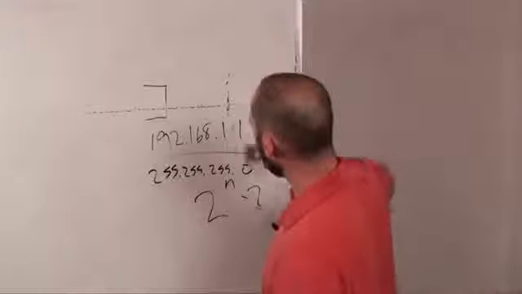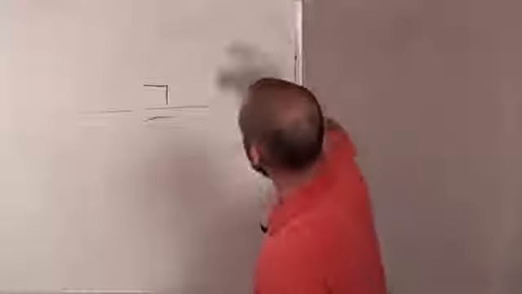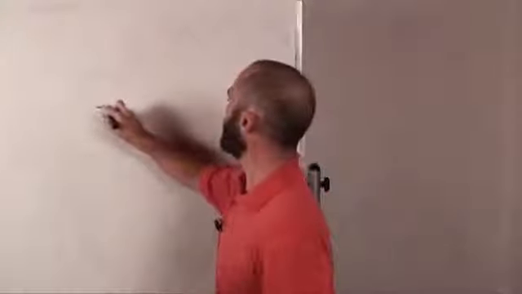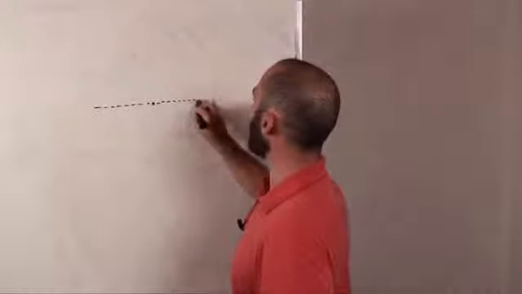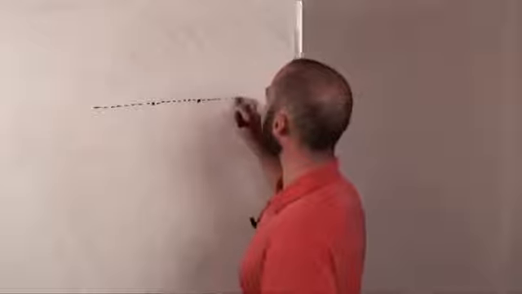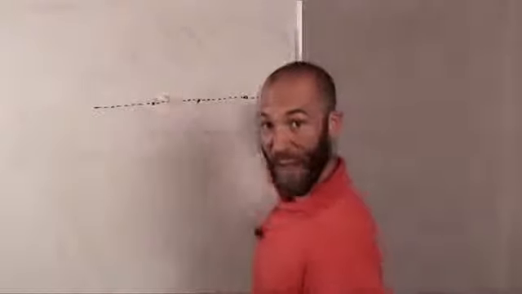Now, when you're dealing with this, all you do then to figure out the subnet mask is, again, 1 through 8, dot, 1 through 8, dot, 1 through 8, dot, 1 through 8. So these are the 4 octets.